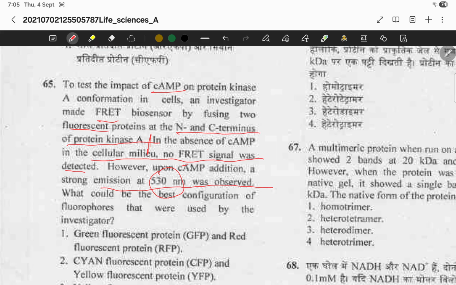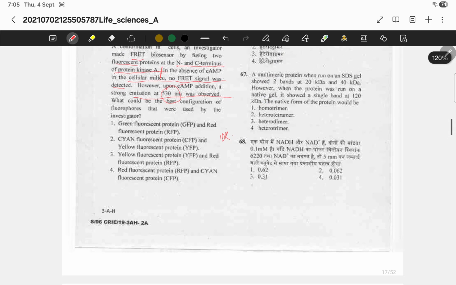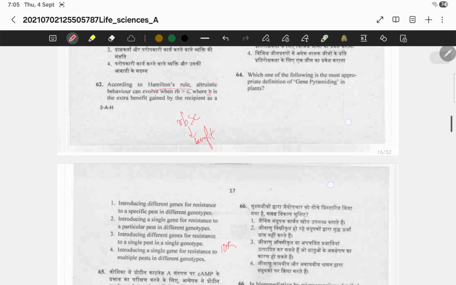What is the best configuration of fluorescent proteins? Oh, I don't know. Truly, I'd like to know.